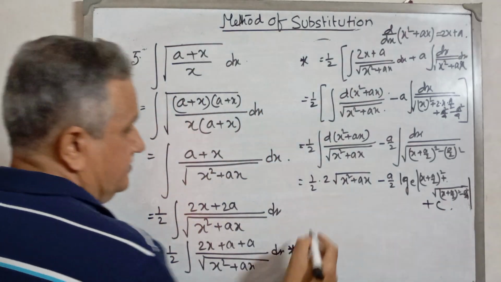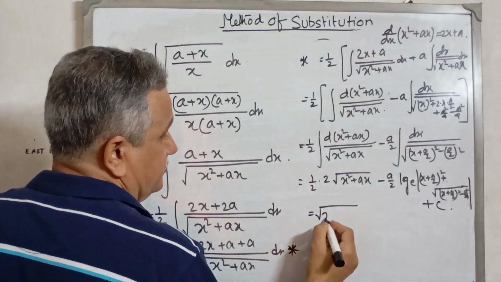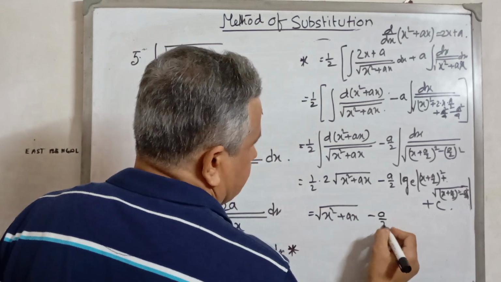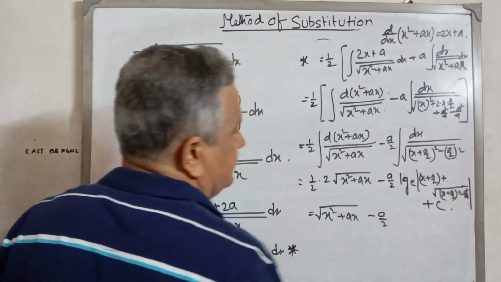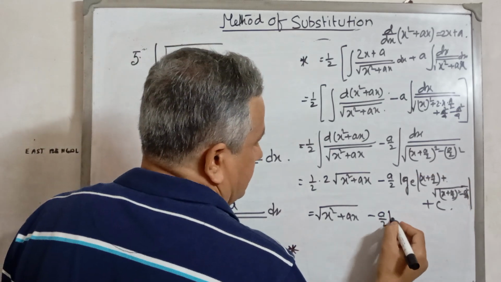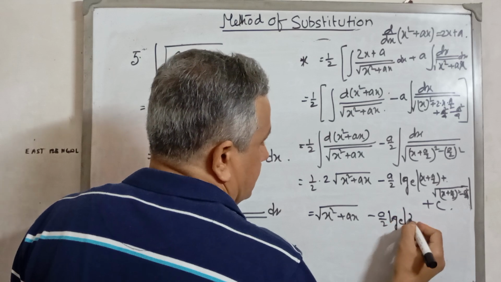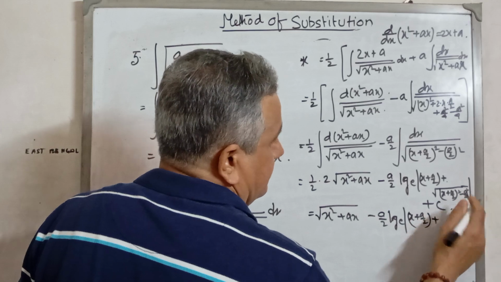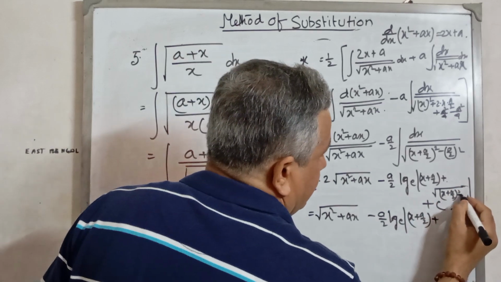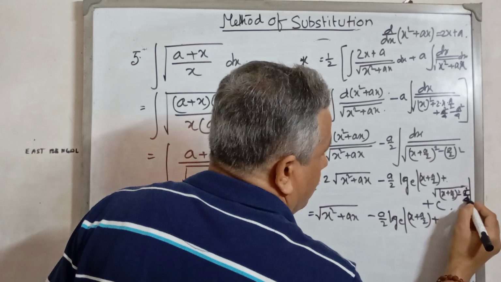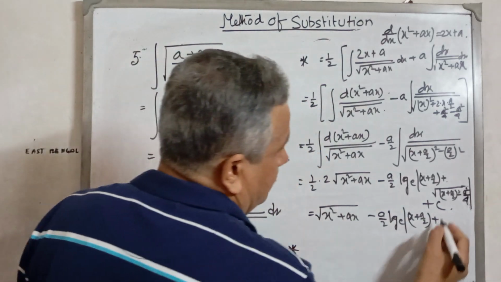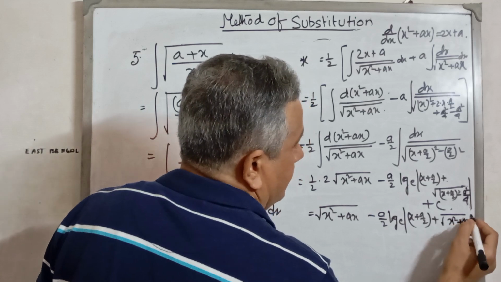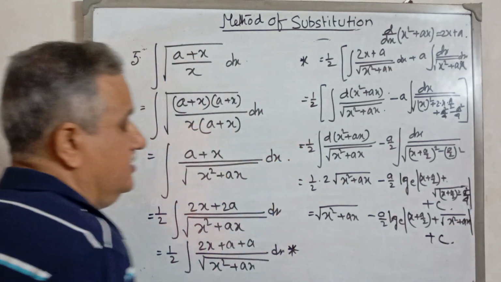This is our answer. Cancel 2, root over x square plus ax, minus x plus root over x square minus x square log e x plus a by 2, plus, by simplification here, this is a square by 4. By simplification we get x square plus ax plus c is our answer.